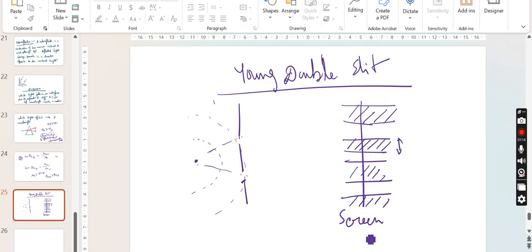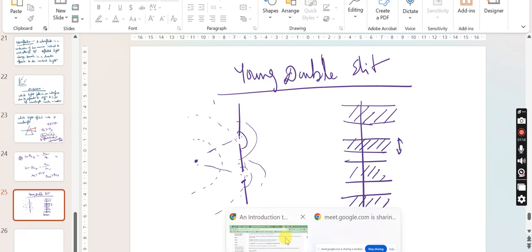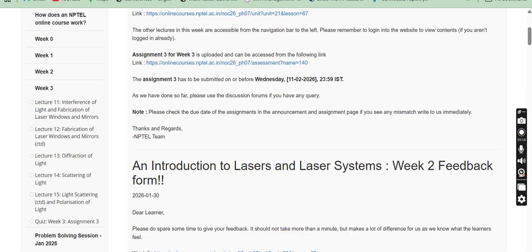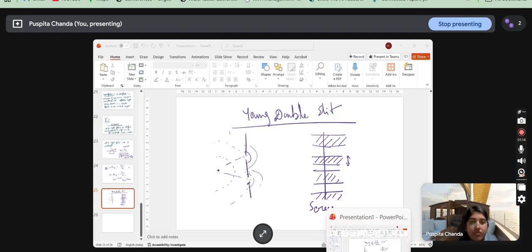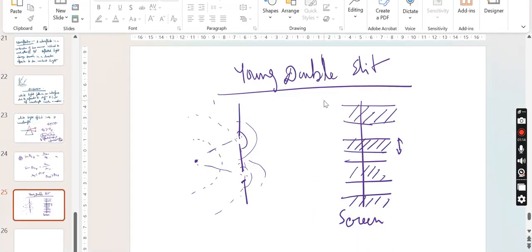So these two slits are on the same wavefront, and they act as secondary sources of light. When these two waves interfere with each other, they form these bands.